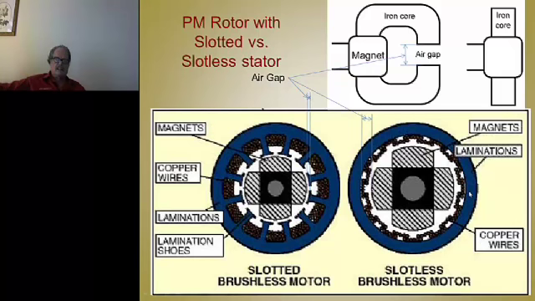They're laid around here. So now, here's the air gap in this concept from the previous lecture. Here's the air gap in this one. You see it there? Now our air gap goes from the OD of the magnet to the ID of the stator core, same as it went from here to the tooth.